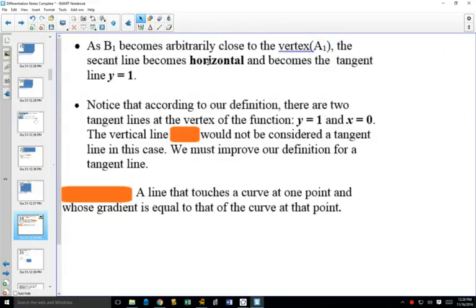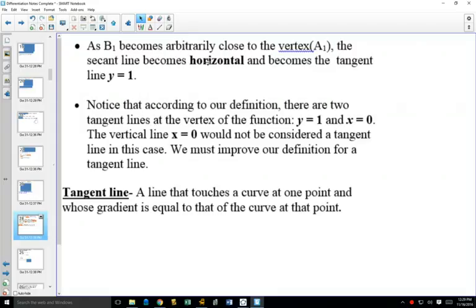So we need to look at our definition and refine it a little bit. So our tangent line is a line that touches a curve at 1 point. So that's important, unlike a secant. And the slope of the tangent line is equal to that of the curve at that point.